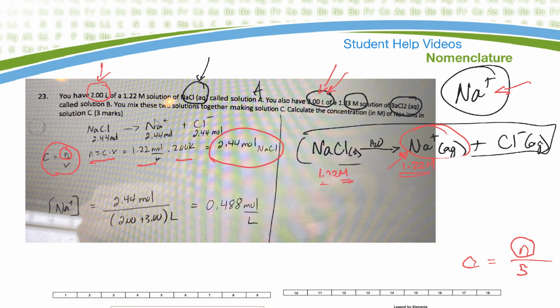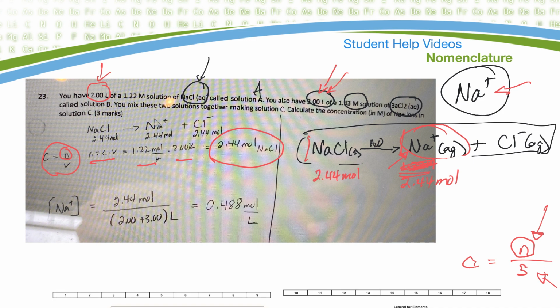Since it's a 1-to-1 ratio, when this dissociates, I'm going to have the exact same amount of moles of sodium ions in the solution. Now I know what the moles are, so I can just divide by the total volume and I'm done.